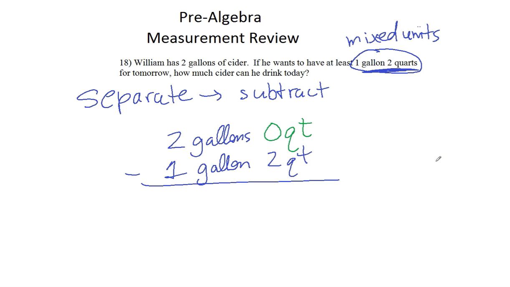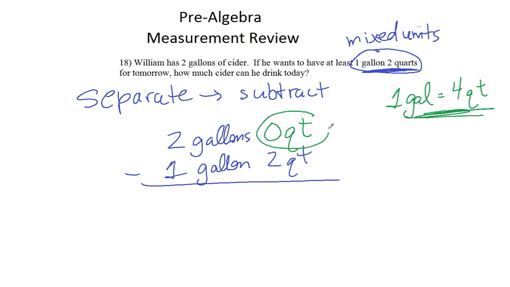The other thing I want to keep in mind is the conversion rate between gallons and quarts, and that is 1 gallon is equal to 4 quarts, okay? Because I might need to do some borrowing or regrouping here. Also remembering that 2 gallons is the same as 2 gallons and 0 quarts, and we just usually don't say 0 quarts.